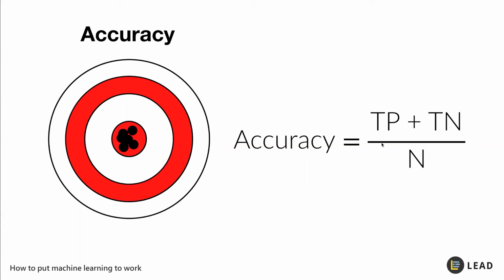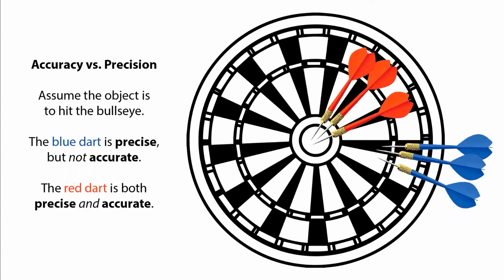If this is a bit abstract, let me put it into a gamification model. Our objective is to hit the bullseye, the center part. The blue dart is very precise, meaning that every time you throw it, it hits the same spot, but that is not accurate, meaning it landed on the wrong place. The red dart is both precise and accurate.